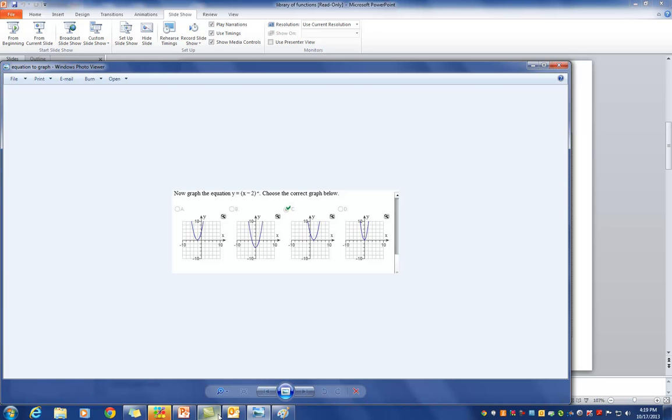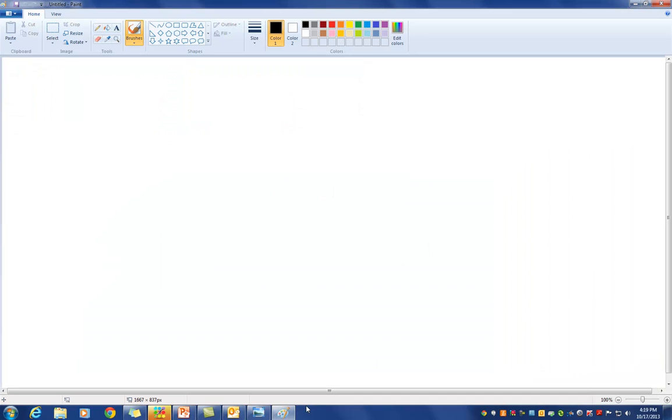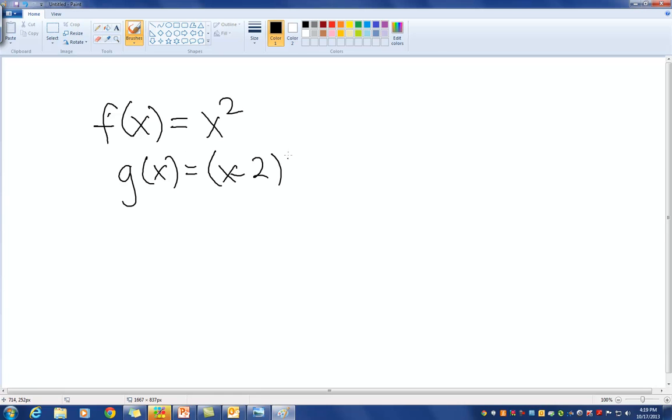So what we've got is a case of, as if f of x equals x squared and g of x is equal to this x minus 2 squared, what we've done to g of x is we have taken, to get to g of x, we took the input for f and subtracted 2 from it.